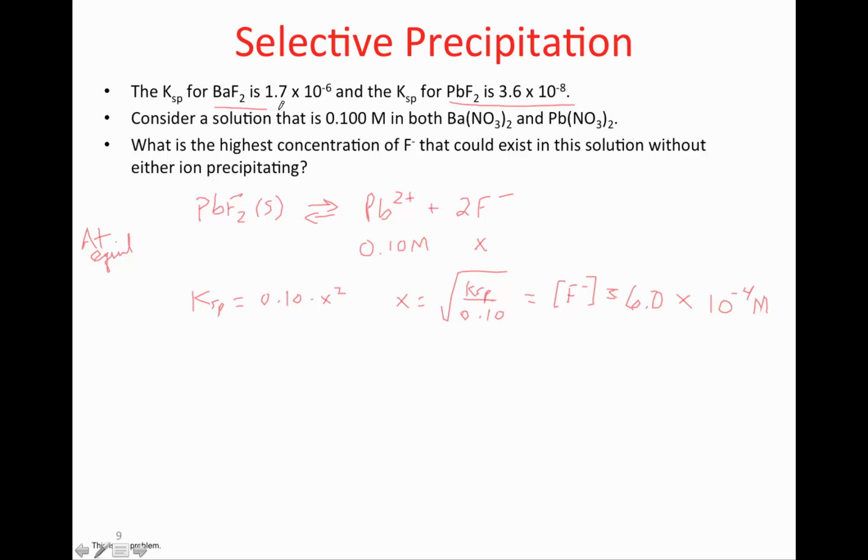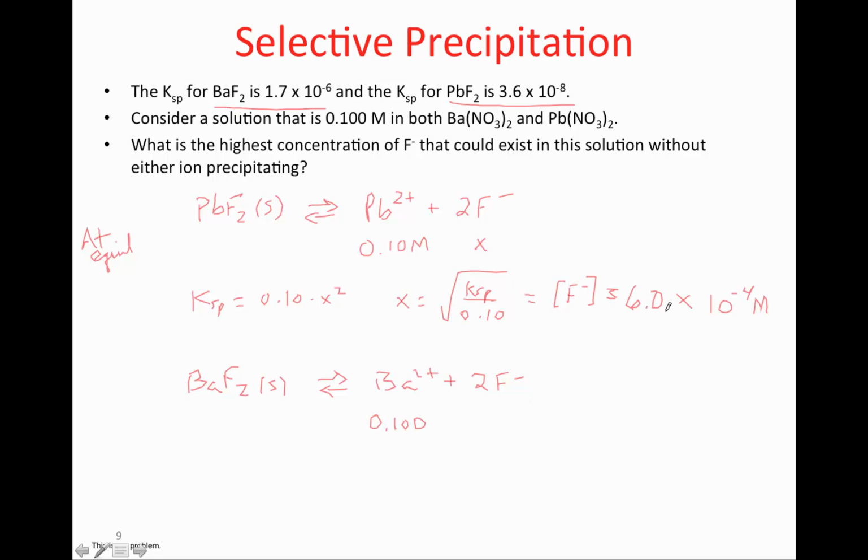And now you're going to say, but what about this right here? What I'm saying is this is more soluble than this. So if I can put this much fluoride into solution and this won't precipitate, certainly this one won't precipitate either. Let's do the calculation and prove it. We've got barium fluoride, Ba2+ and 2F-, and my barium concentration here was 0.1.